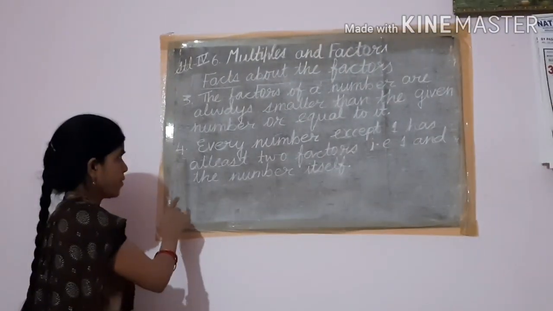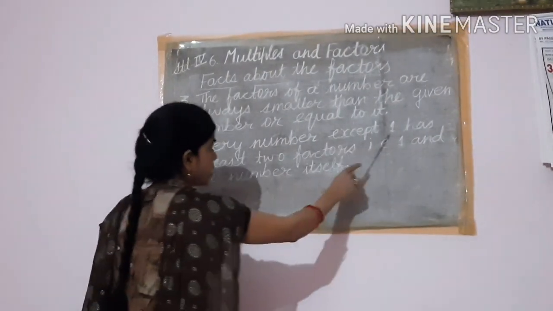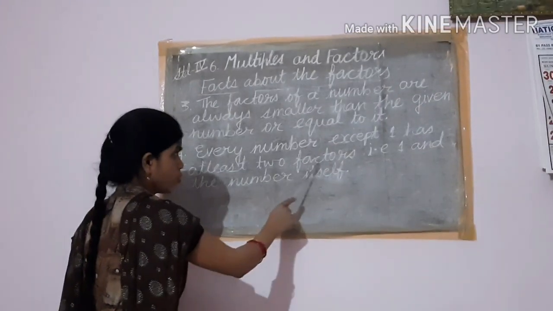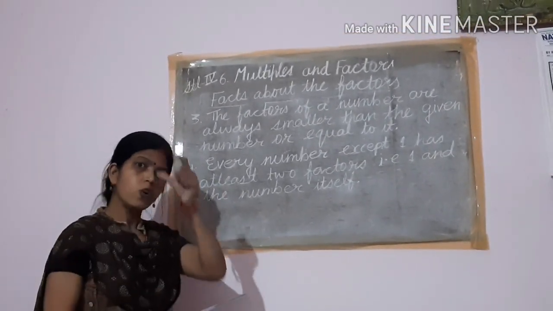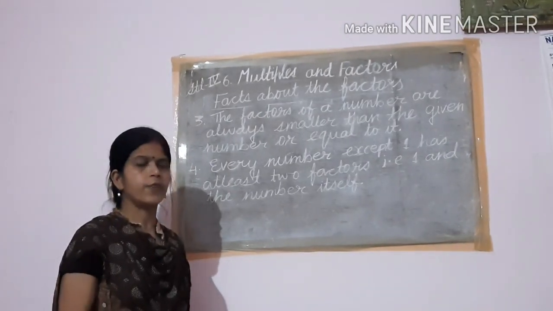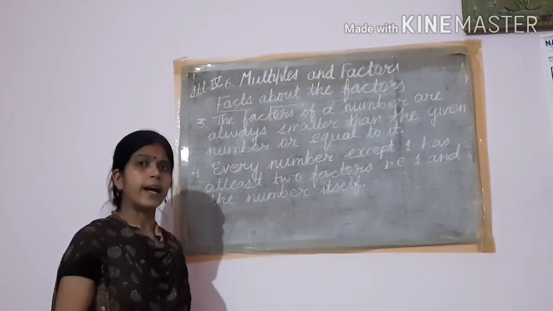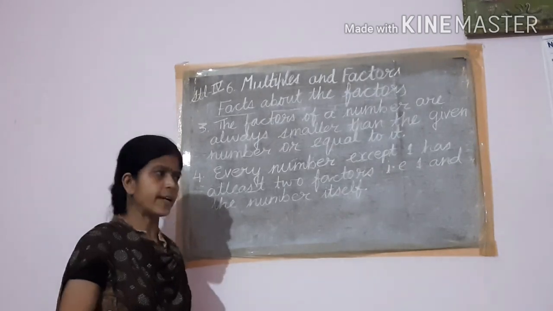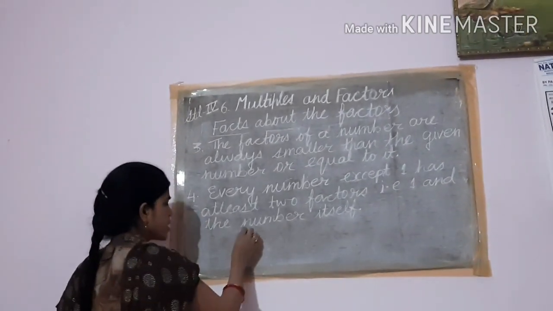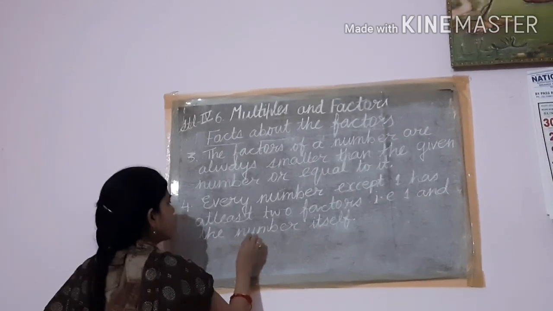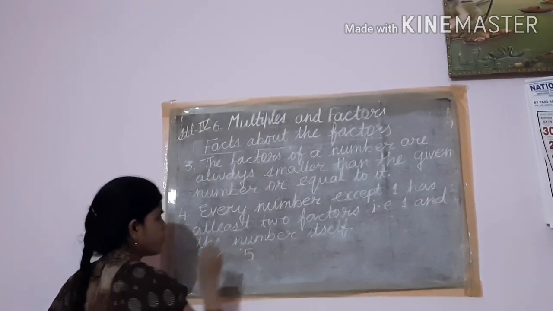Fourth fact. Every number except 1 has at least 2 factors, that is 1 and the number itself. Children, the number 1 has only 1 factor. Other numbers have at least a minimum of 2 factors. Like if you take the example of 5 or 7, see. If taking the number 5, you have to find out the factors.